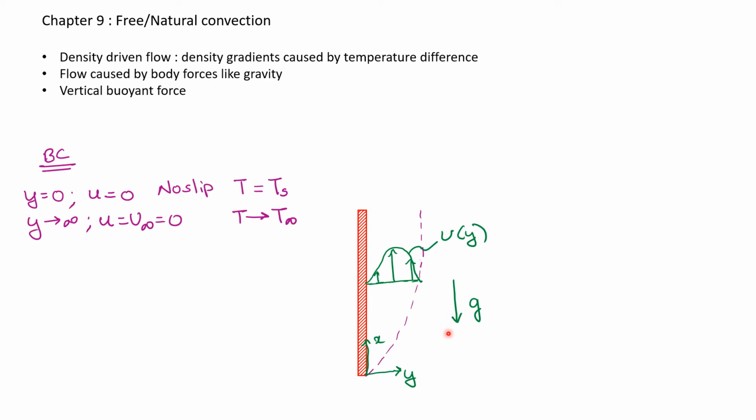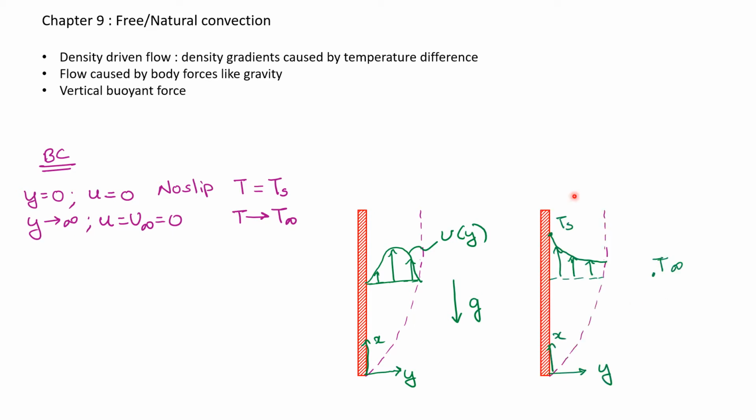So how will your velocity profile look inside the boundary layer? Inside the boundary layer, your velocity profile will look something like this if you have a hot plate. Say this plate here, it's hot. That means Ts is greater than T infinity.